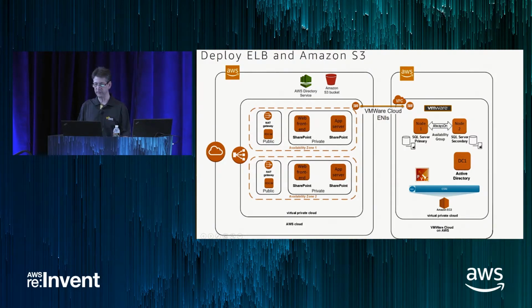So in this case, we would use a remote blob store technology in SharePoint and store blobs in an S3 bucket. There's other interesting things you can do as well, like archive content that hasn't been accessed for 2 years and treat S3 as the storage instead of SQL Server, because the cost of the S3 service is lower than the cost of EBS.